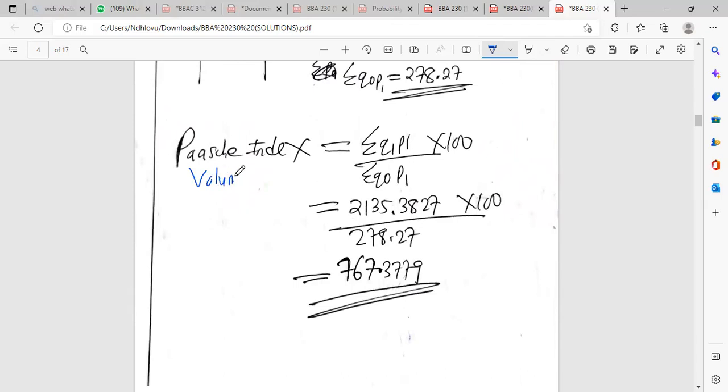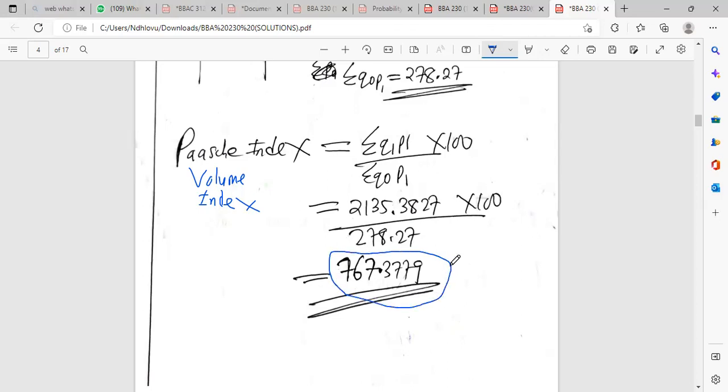So for the volume index, we should get down to this formula here, where we are simply saying the summation of Q1 P1 over the summation of Q0 P1 by 100. So substituting in these ones, we are getting 767.3779. So this is it, the partial volume index.